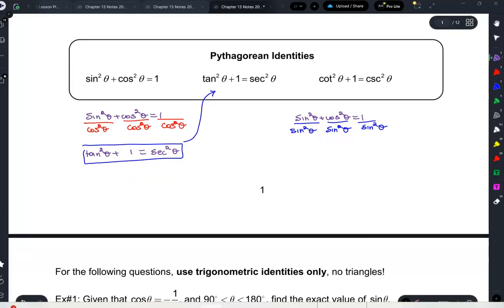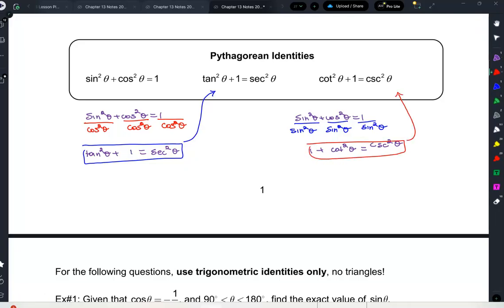Now, what's sine squared over sine squared? 1. What's cosine over sine? Cotangent. So this is cotangent squared theta is equal to 1 over sine is cosecant squared theta. And you see this one is the other trigonometric identity, right?